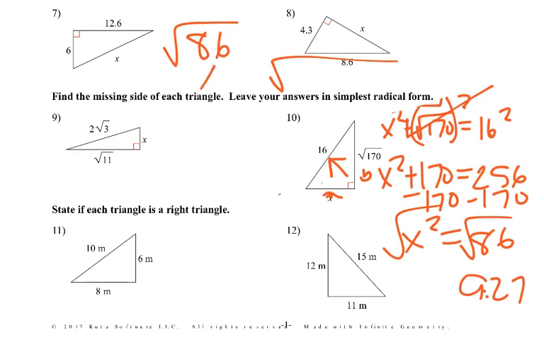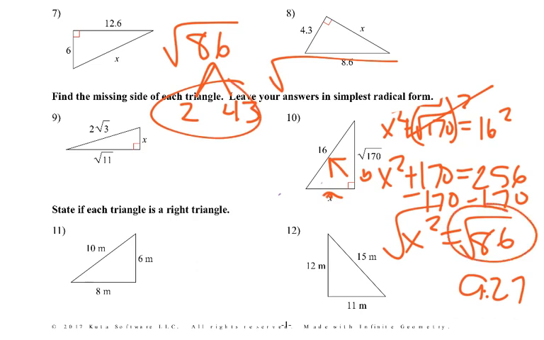So 86, we could go 86 divided by 2 would give us 43. Can we divide 43 by anything to simplify it and come up with a whole number? Don't think so. I think 43 might be prime. So in that case, we can't simplify this, so our answer would be the square root of 86.